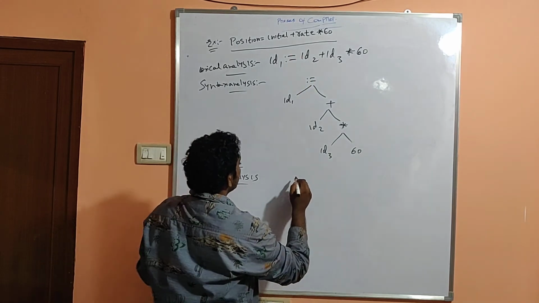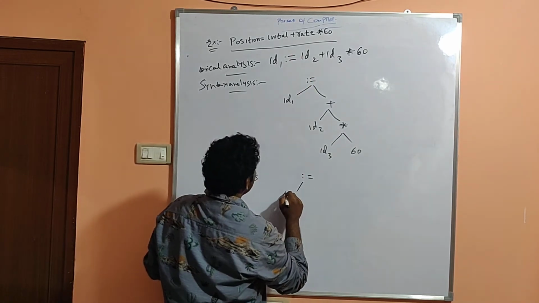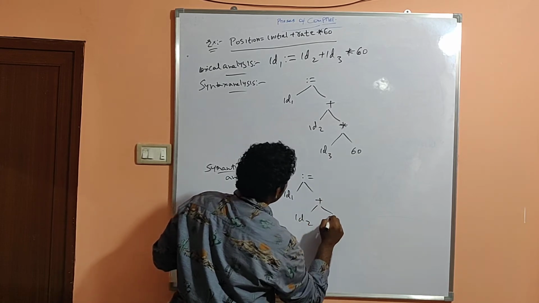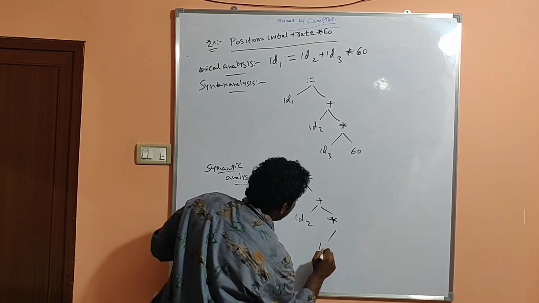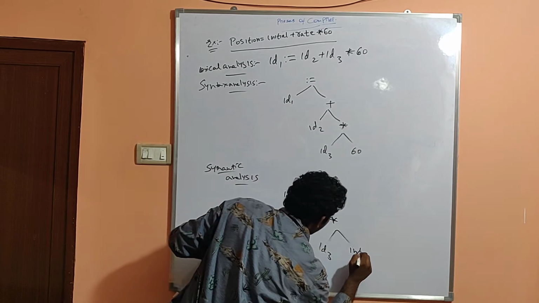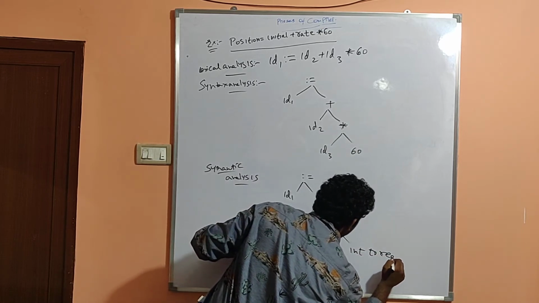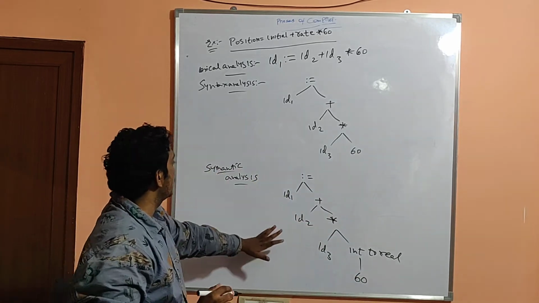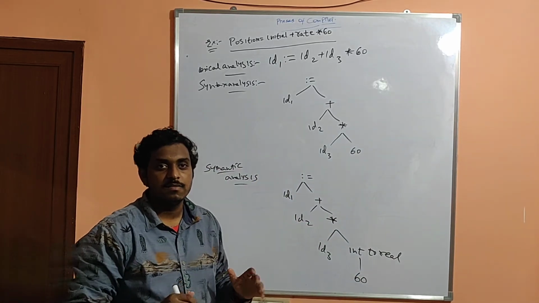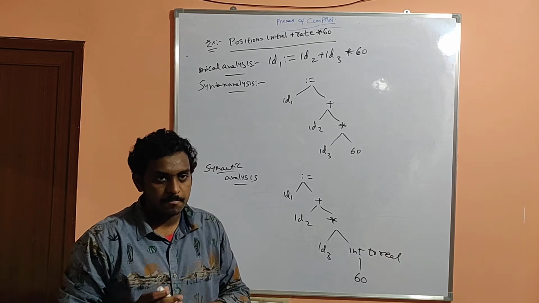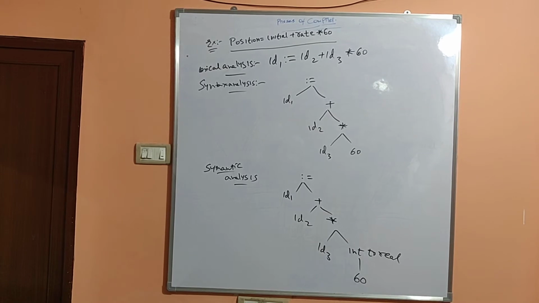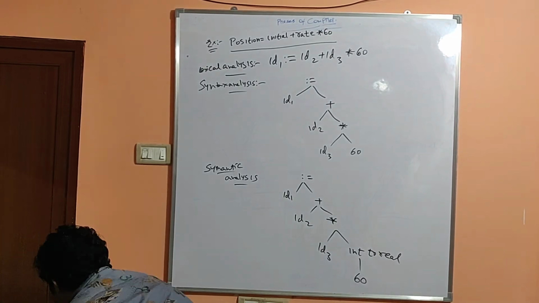So it will convert that integer value to a real value: id1 = id2 + id3 * real of 60. This is what the semantic analysis will do. Next, the intermediate code generator.